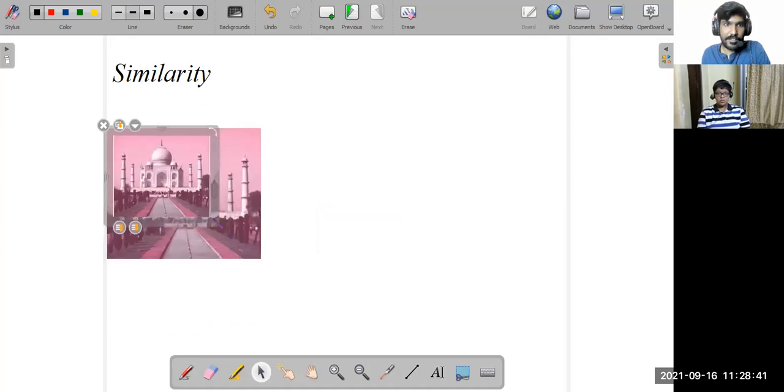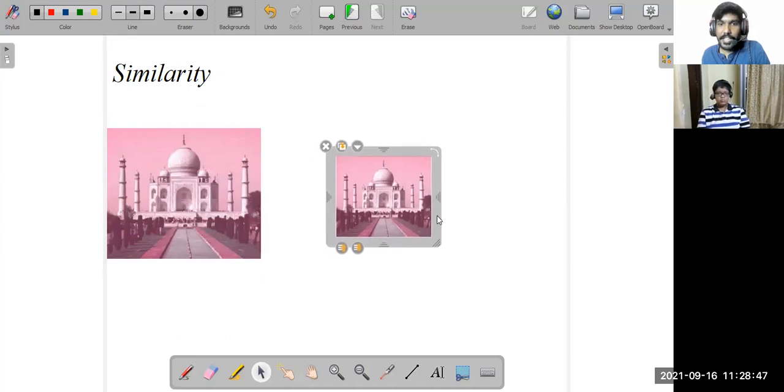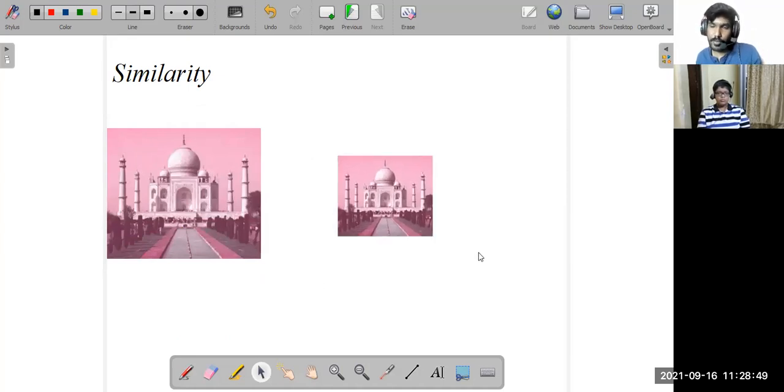And then just besides it, there is the same picture, but there is something different. What is different in these two pictures? The size of the picture. Yes, just the size. This is of the bigger size, and this picture is of the smaller size.